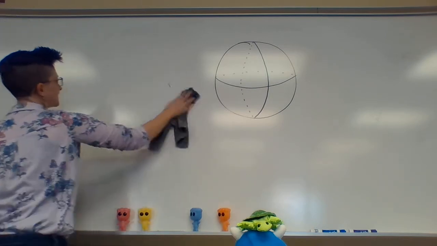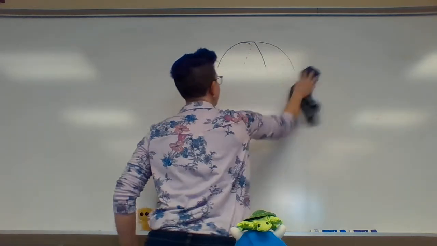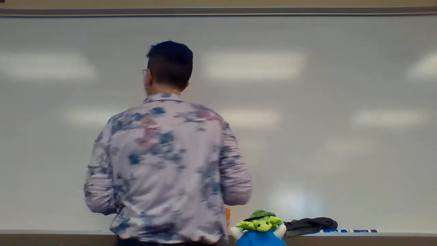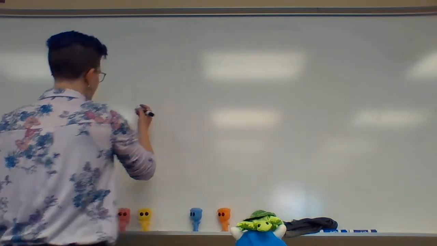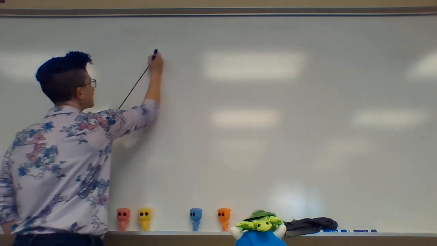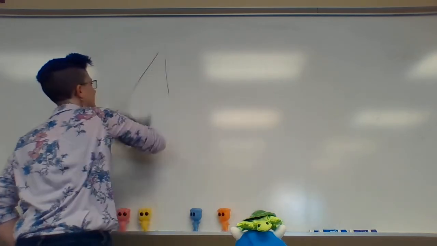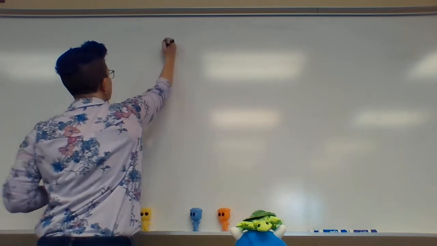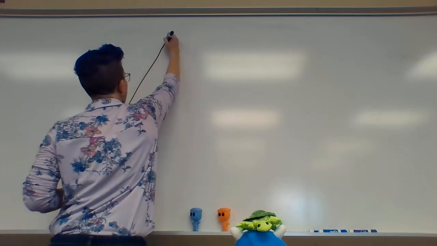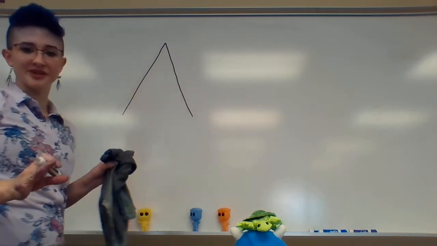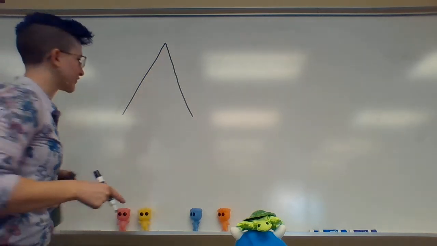Next one we're going to draw is a cone. Feel free to pause this video at any time if you want to copy things down if I'm moving too fast for you. It's the beauty of videos. First, start with a triangle. Don't close the base off, just draw an open triangle.